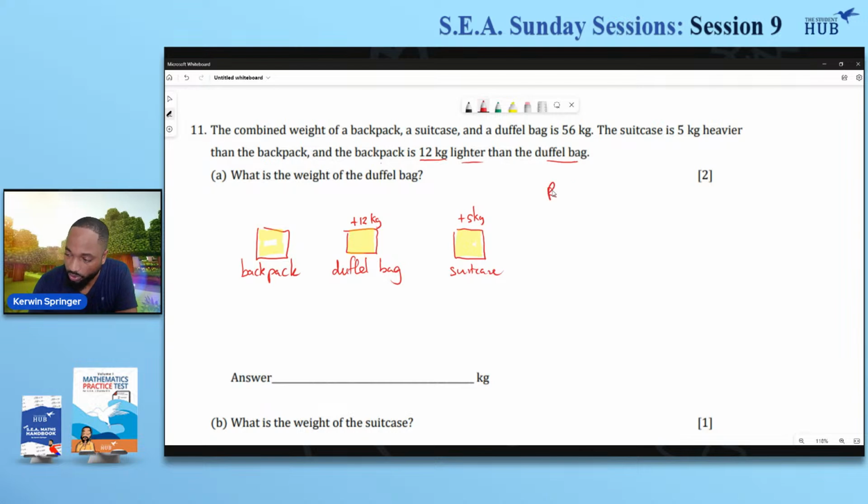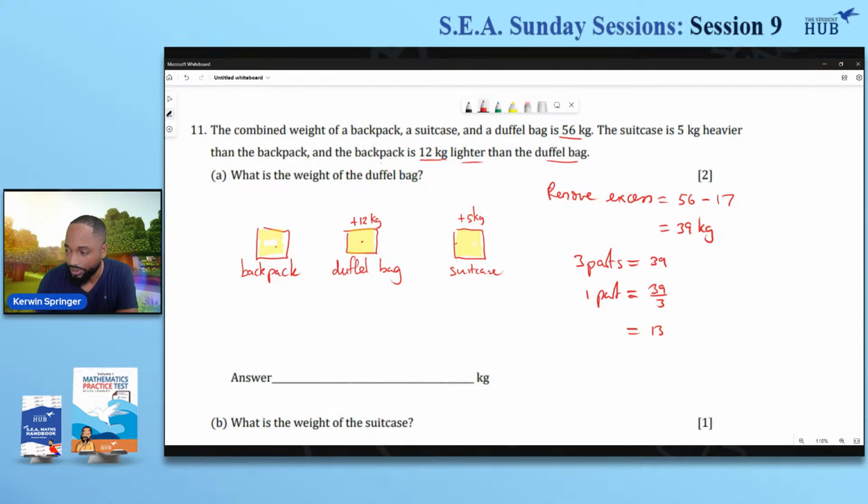So now we remove our excess, as we know how to do, from the total, because the total was given. Was the total given? Yes. So remove the excess: 56 minus 12 and 5, which is 17, so that's 39 kg. These 3 parts represent that. So 3 parts. You've all seen this happening time and time again. This is the most popular style. 1 part is 39 over 3, which is 13.